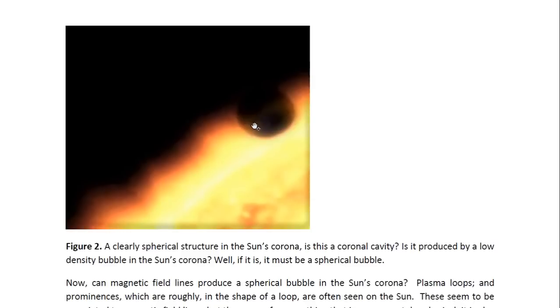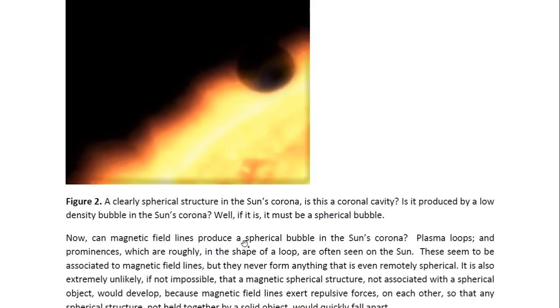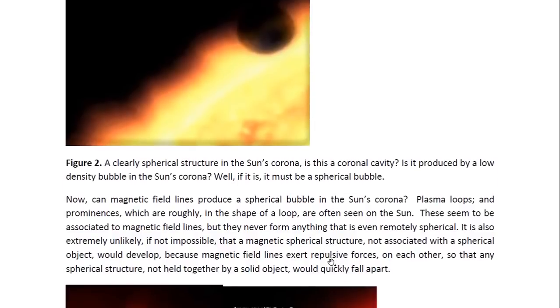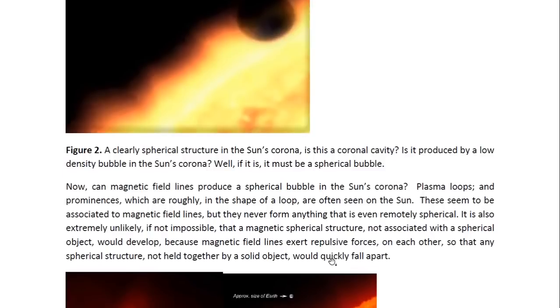We can see the contours, the light along the sides here, and the front here, an elliptical dark shape. So this is obviously a three-dimensional object, spherical or very close to spherical. So this would mean that if this could be described by coronal cavity, then coronal cavities would have to be a spherical bubble. Now, can magnetic field lines produce a spherical bubble in the sun's corona?